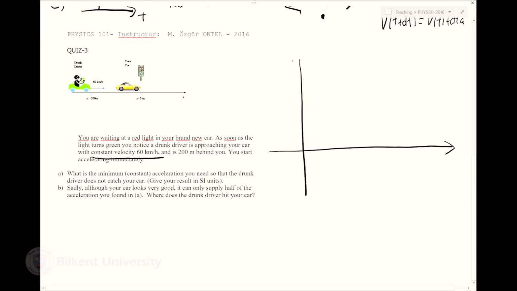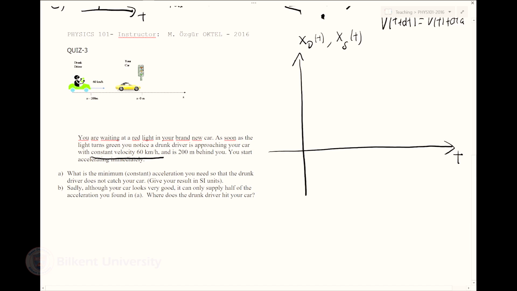Okay, so let me try to understand the situation. Let's say this is time t equals 0, the t-axis, and here I will plot the position of the drunk driver, xd of t, and the position of the sports car. Okay?